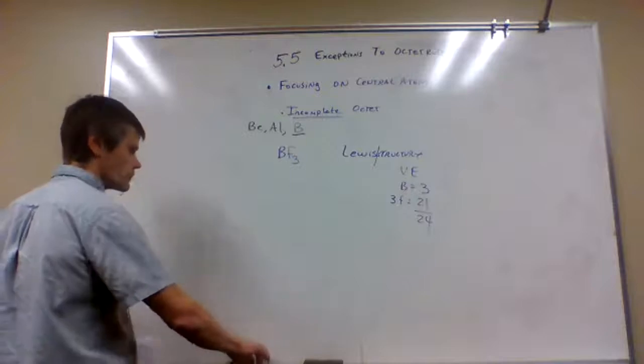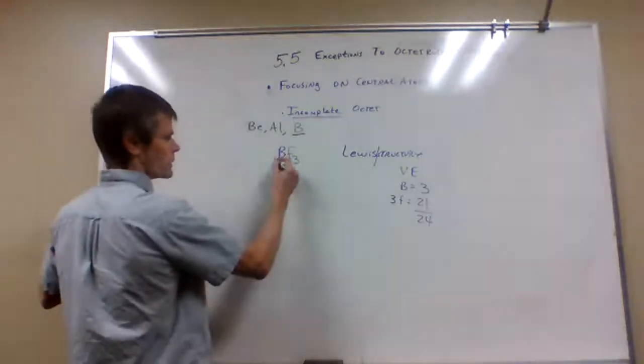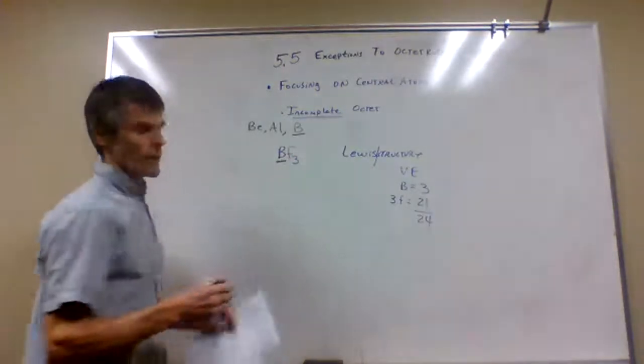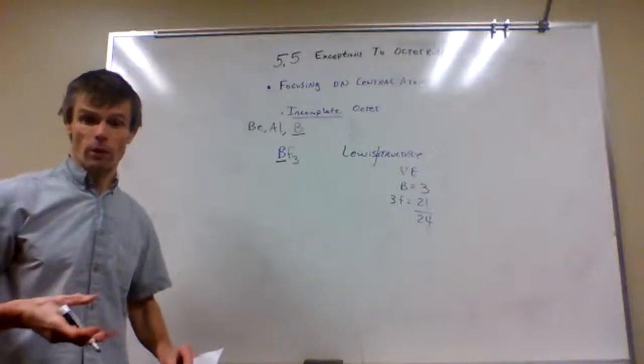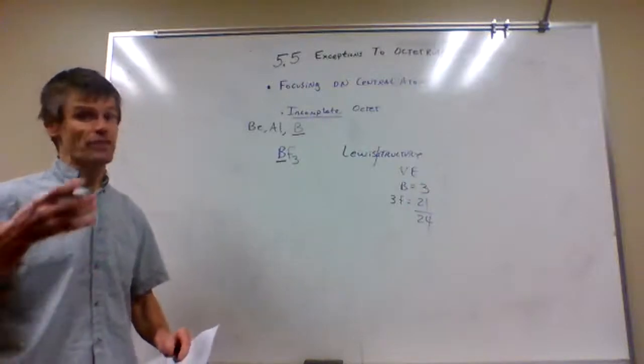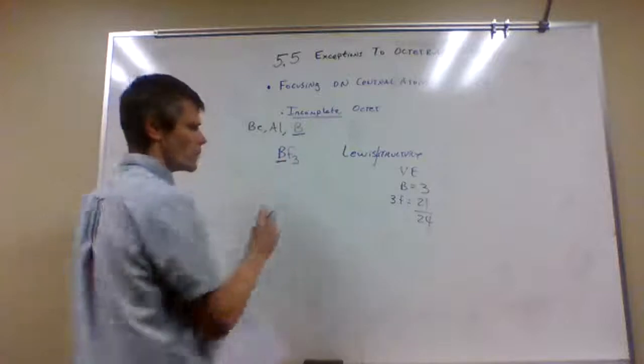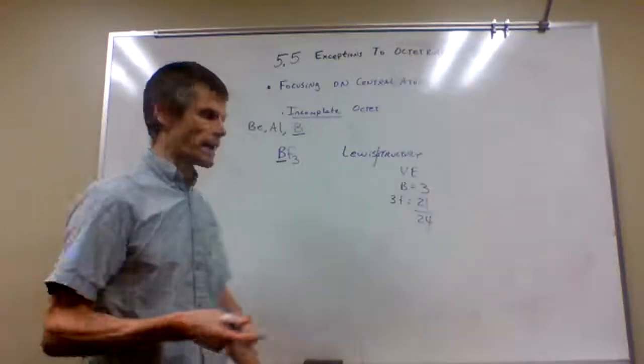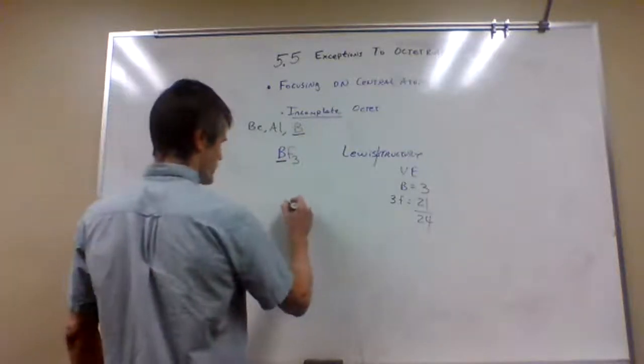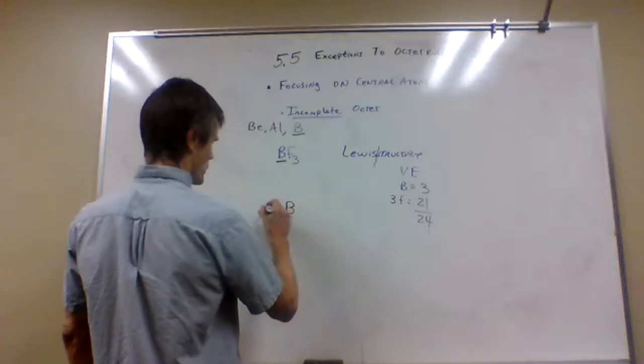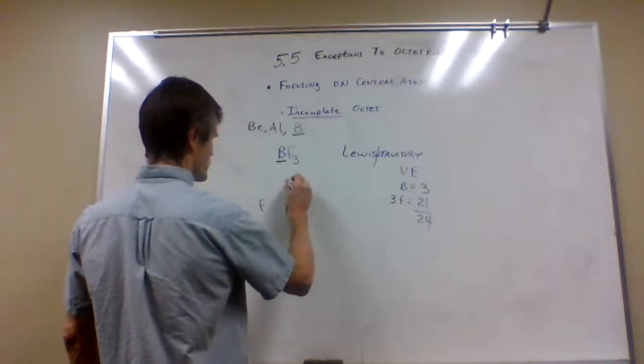So, as you recall, for a Lewis structure, the less electronegative atom, in this case, it's going to be boron, because as you recall, fluorine is the most electronegative, and fluorine is never the central atom. Boron sits in the center, and we have 3 fluorines surrounding it.